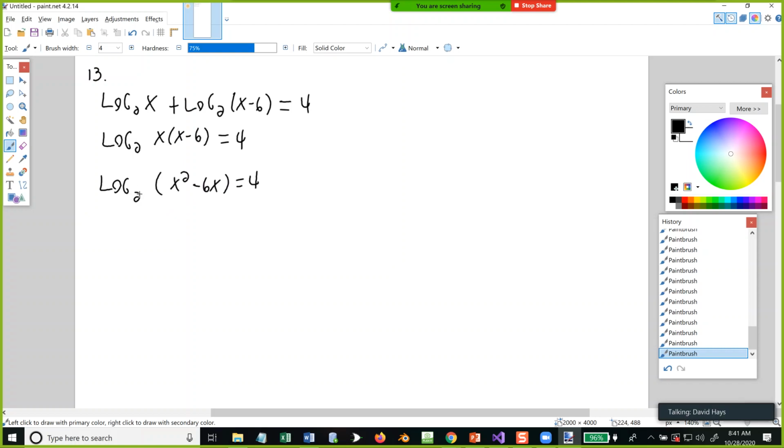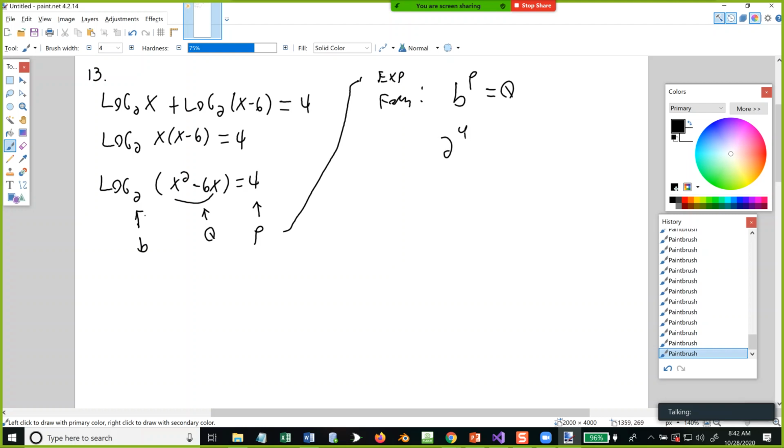Next step is to use our definition of log to rewrite in exponential form. So this is our b. All of this is our q. And this is our p. Exponential form is b to the p is equal to q.